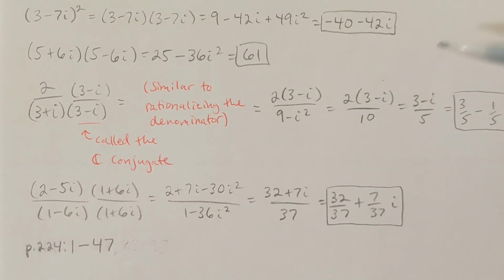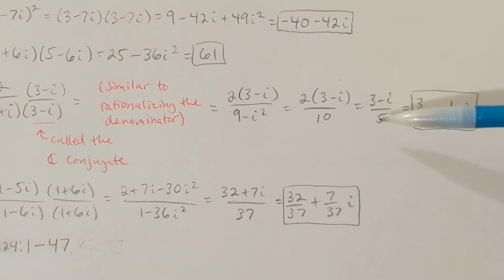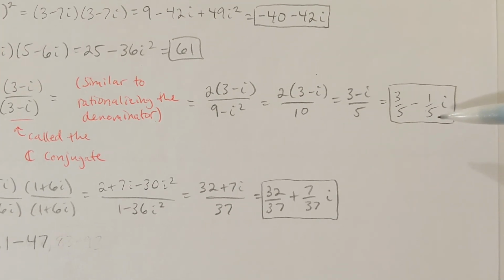So 2 times 3 minus i divided by 10. 2 divided by 10 is 1 fifth. 3 minus i divided by 5. Well, that's the same as 3/5 minus 1/5 times i. Okay, and that's the answer then. That's a complex number, a plus b times i.